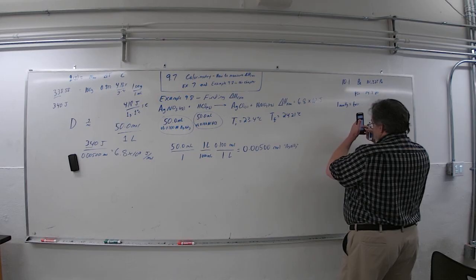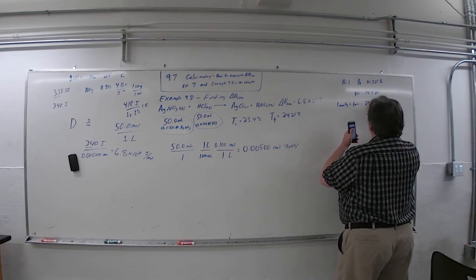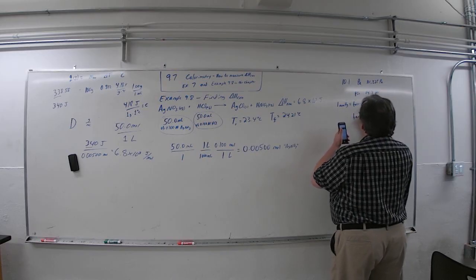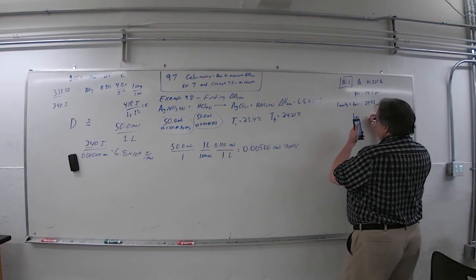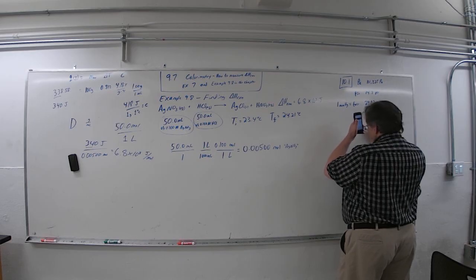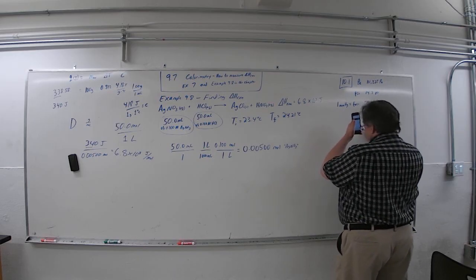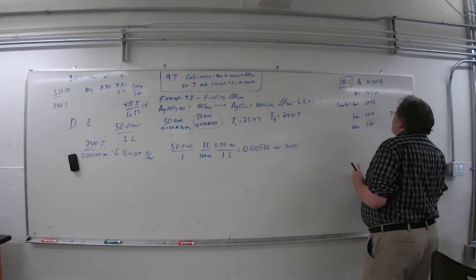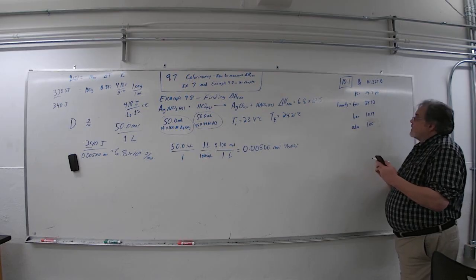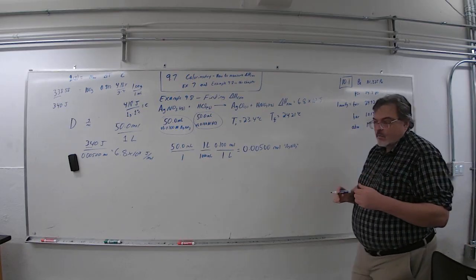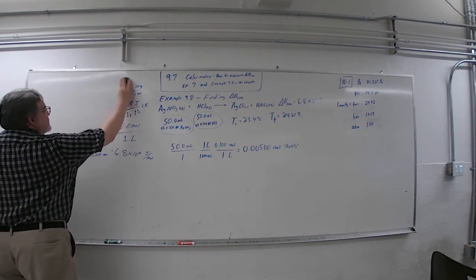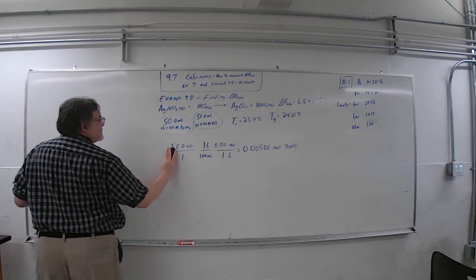Let me get these written down: 29.92. There's also the bar, and atmosphere. These numbers are showing what the different measurements are at sea level on Earth. But it also works as a way to convert between one pressure and another. So those are basically how you get conversion factors.